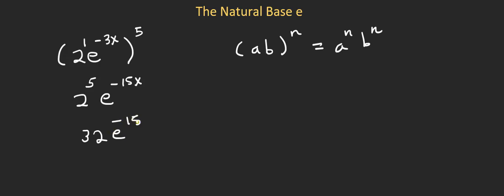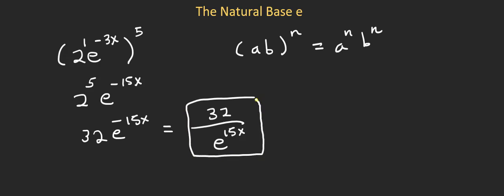And how do you make this negative exponent positive? Well, it's going to be 32 over e to the 15x. And most of the time, they want you to have the exponent as positive. So they probably prefer this method, even though these two are the same.